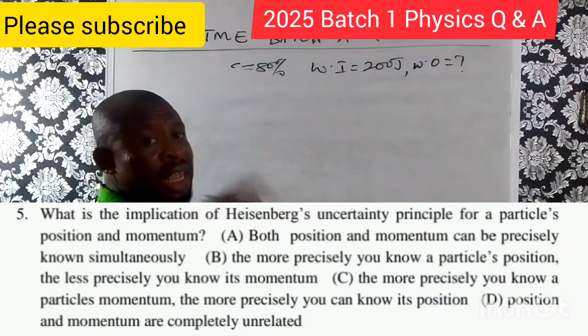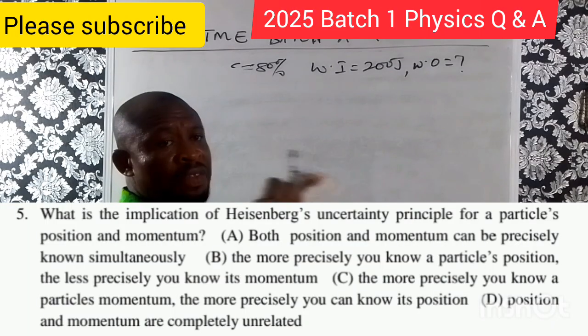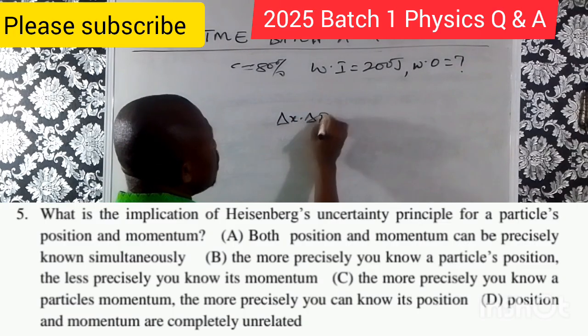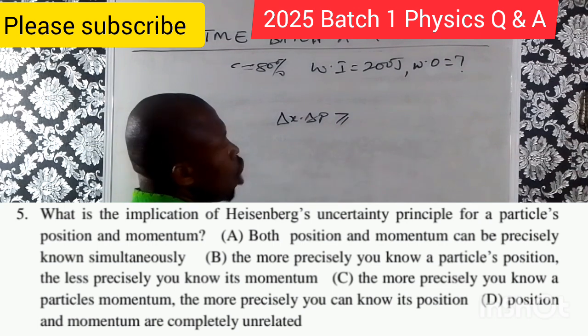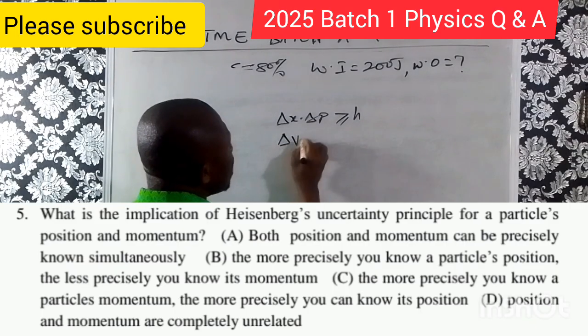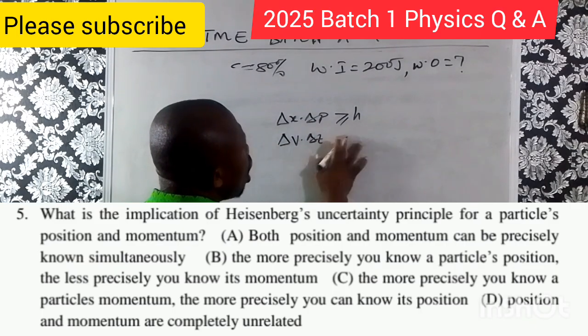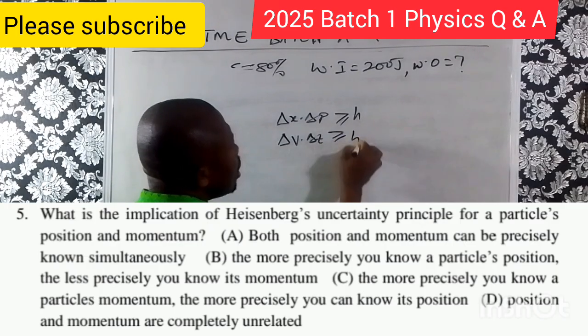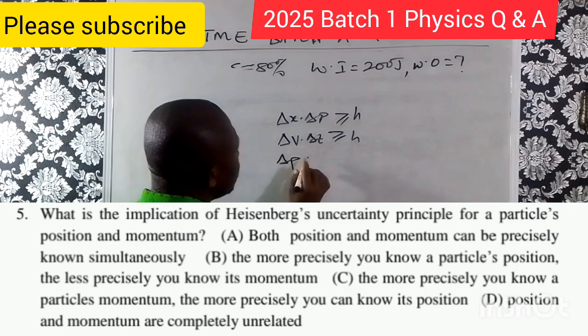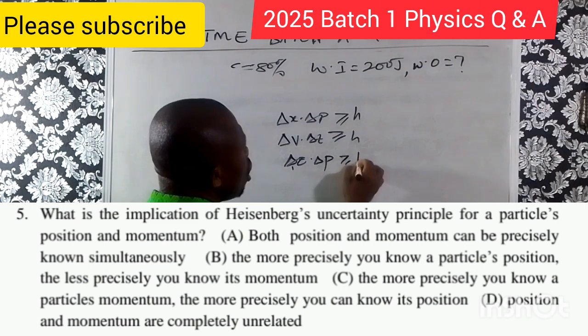In case they change that one, instead of telling you position and momentum, they can say delta x delta p is equal to or greater than the Planck constant. Then they use velocity and time, or they may use energy, delta E delta t is equal to or greater than this.